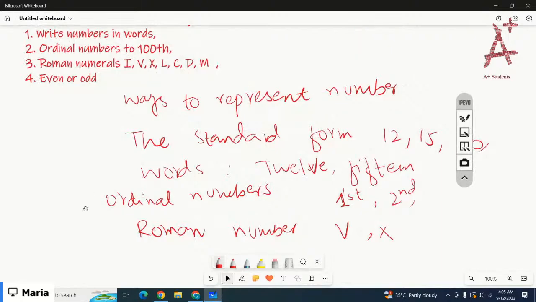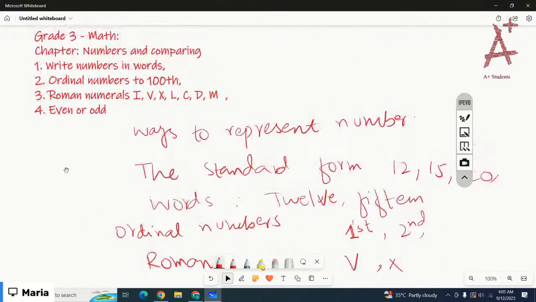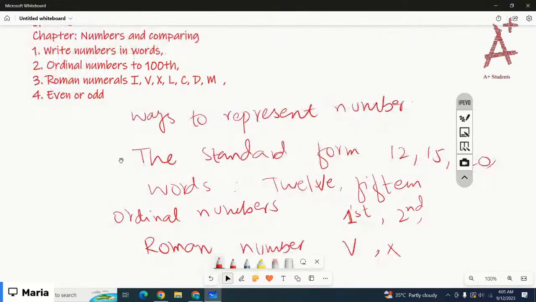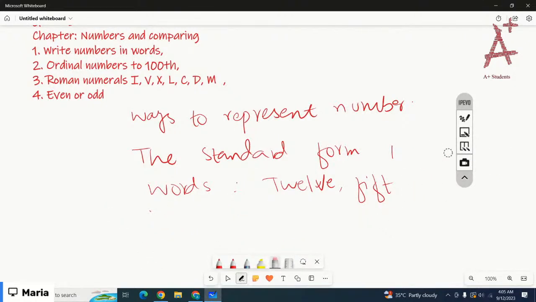So in this lesson, we're going to learn the different ways to represent the number. The first one is write numbers in words, right? Let's see how we write the numbers in words. For example, you have a number in standard form and you have to write it in words.